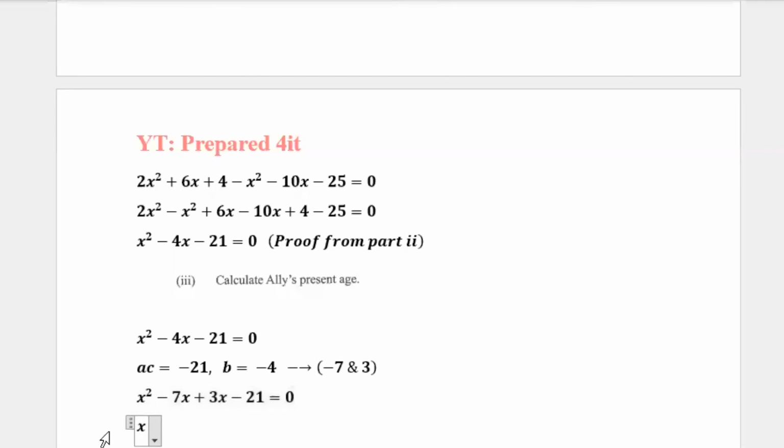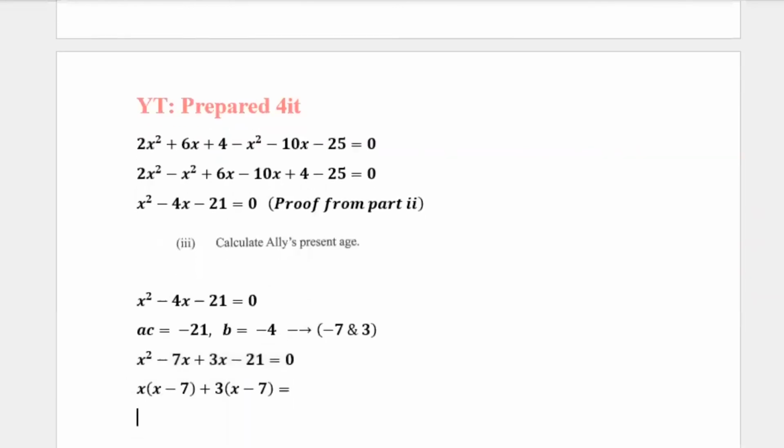x is common to both. So you say x into x squared, that will leave us with x, and x into minus 7x, that will leave us with minus 7. And then from right here, we'll do plus 3 into 3x, that will leave us with x, and 3 into minus 21, that will leave us with minus 7, is equal to 0.